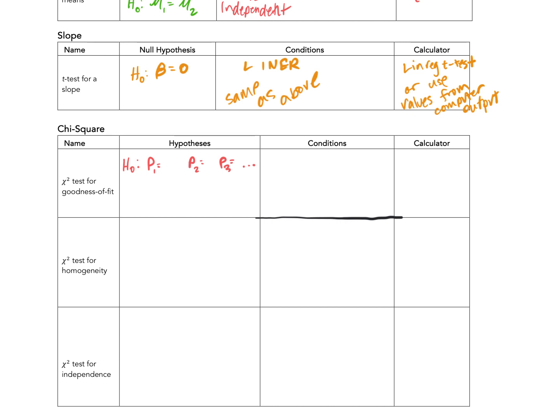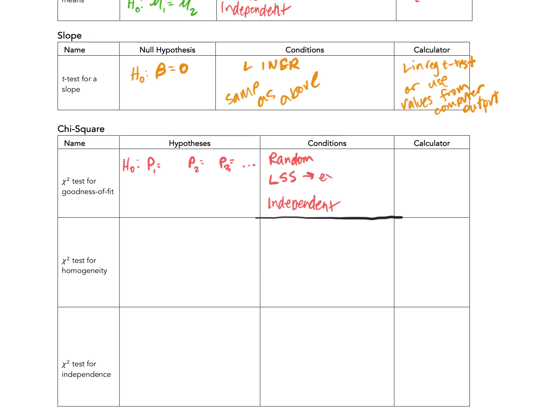All right, your conditions: random. Large sample size, and how do I check that one? Independent I'll check with 10%. The large sample size isn't all counts greater than 5? It's not all counts.